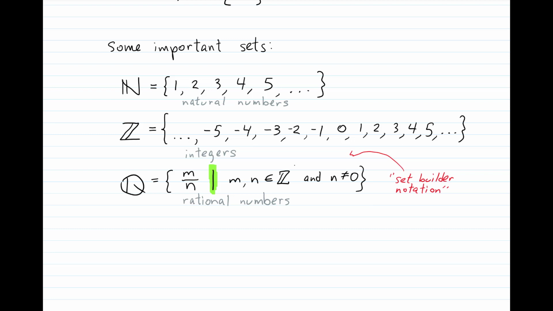Okay? Now, in the book, it's written slightly differently. I personally think it is a bit overkill, but this is how it is in the book. I'll just show you. It says, the set of all x such that x equals m over n, where m and n are integers and n is not 0.